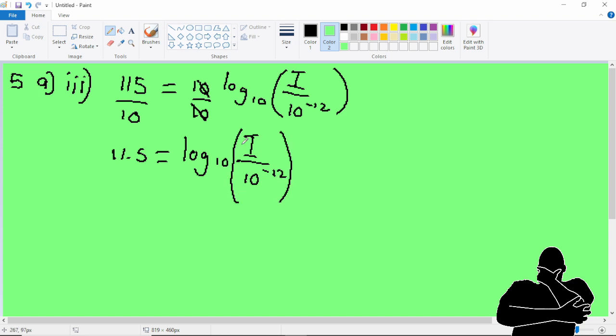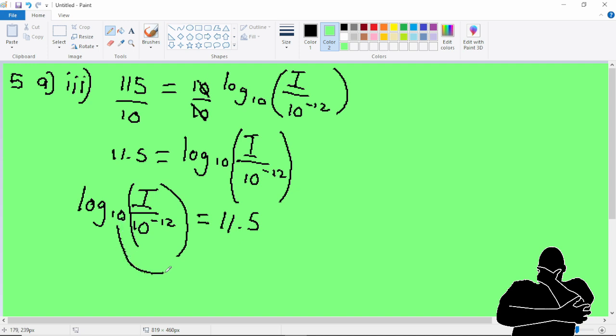So instead of splitting these two and working them separately, let's just work it as one. So basically we're saying 10 raised to this number gives us that. Just like in the last approach, we're going to say 10 raised to the 11.5 gives us I over 10 to the minus 12.